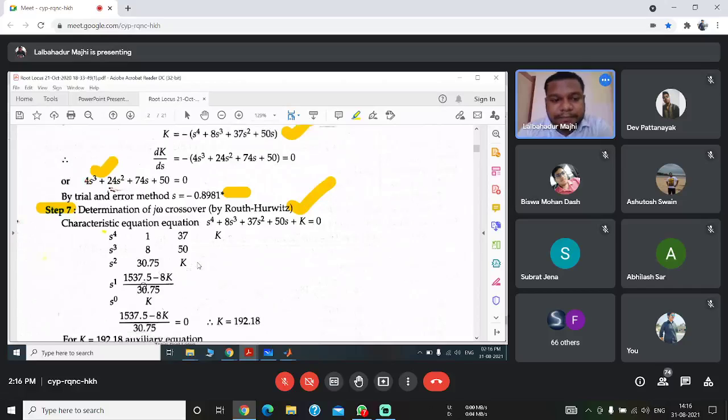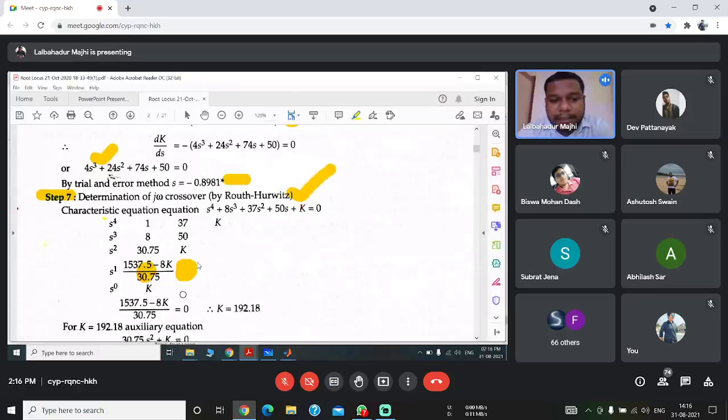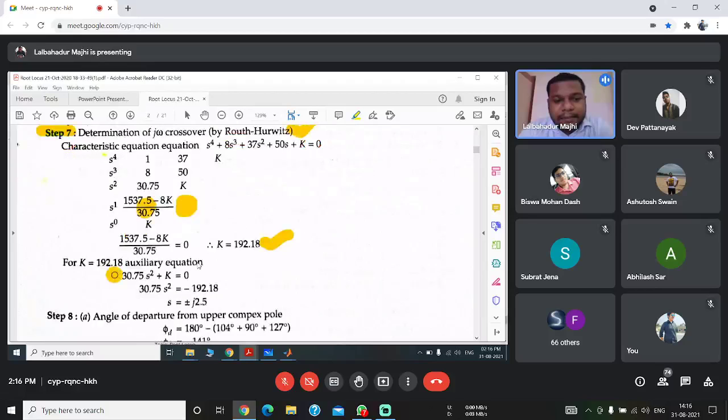Here we have to make the s to the power 1 row 0, and we can find the value of k to be 192.18, for which this term is becoming 0. Then we solve the auxiliary equation, 30.75 s square plus k equal to 0, where the value of k is 192.18. We'll get the value of s to be plus or minus j 2.5.